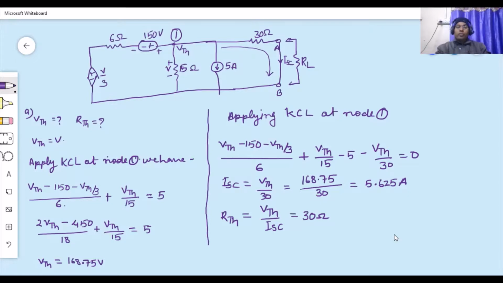So here we have the ratio of VTH and ISC is 30 ohm. So RTH is 30 ohm. So we have calculated.